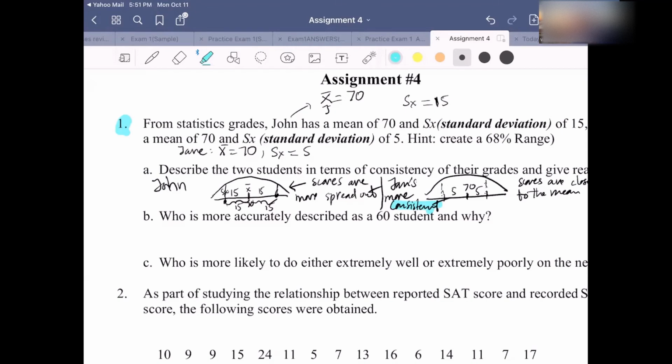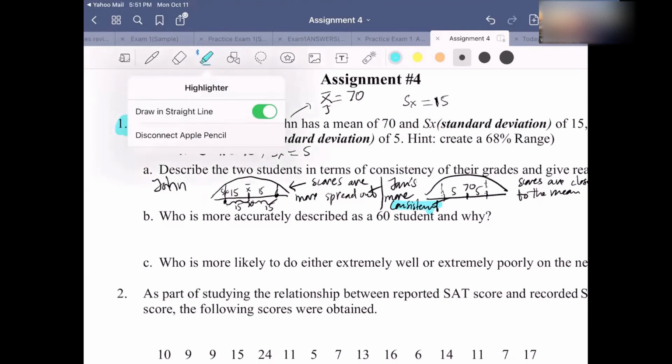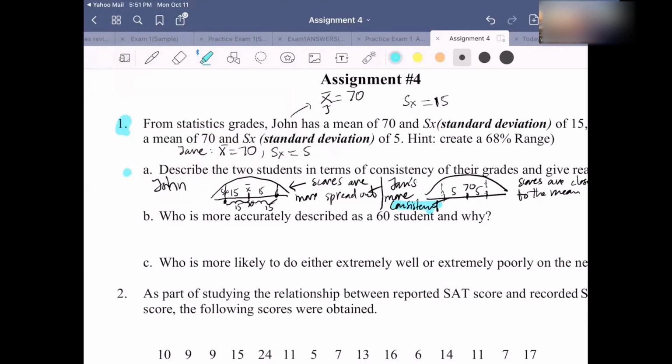All right, so Jane, you got Jane, Angela got Jane. Remember that if you read it carefully, everyone, who is more accurately described as a 60 student? That means a student that is more likely to get a score of 60. So I got Mansera, Tlaith also. So what do you guys think? Yeah, so you have to think about it carefully.